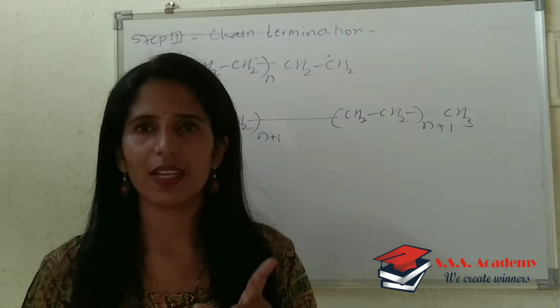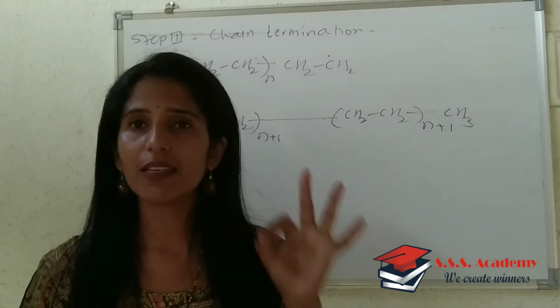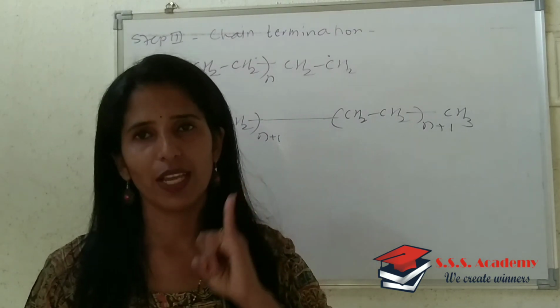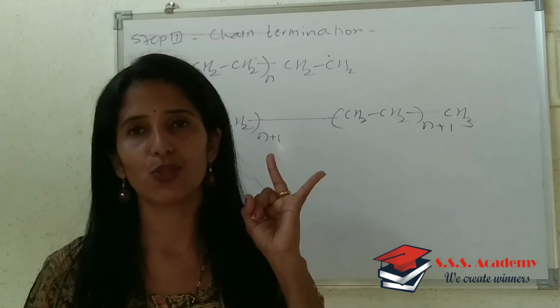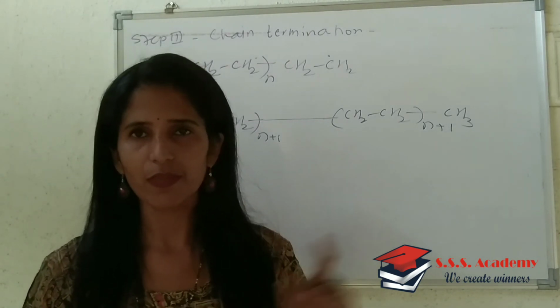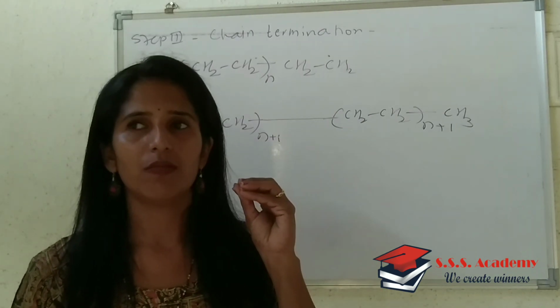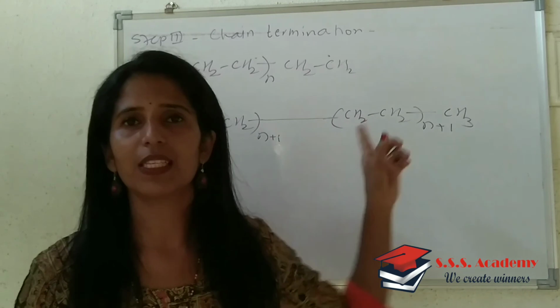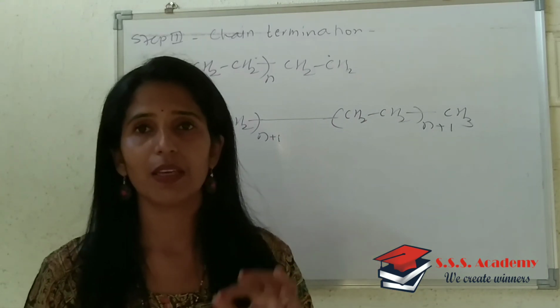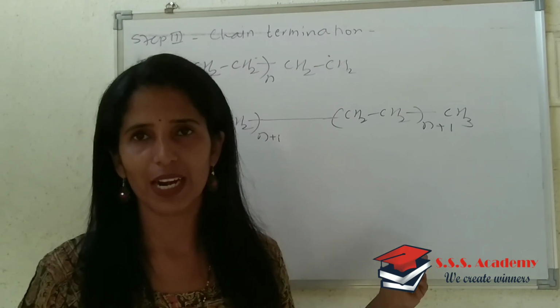One more point to revise is that addition polymerization is explained by the free radical mechanism. Three steps are there. One refers to chain initiation, second refers to chain propagation, and third refers to chain termination. So with this we are completing the first type in this classification basis, that is addition polymerization. We have explained this with the free radical mechanism.